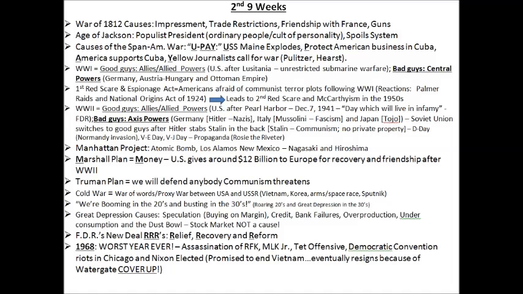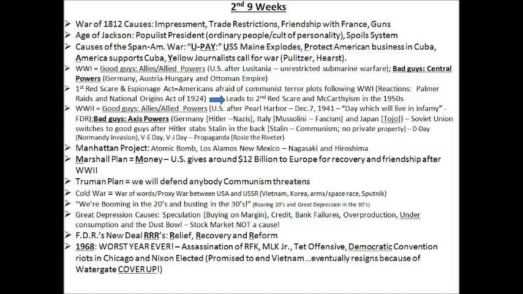It's pretty much having the mob run your country, and there is private property allowed, which is different from communism. And then Japan, who is still run by their Hirohito, who is the emperor, but they also have Hideki Tojo, who is the military leader.